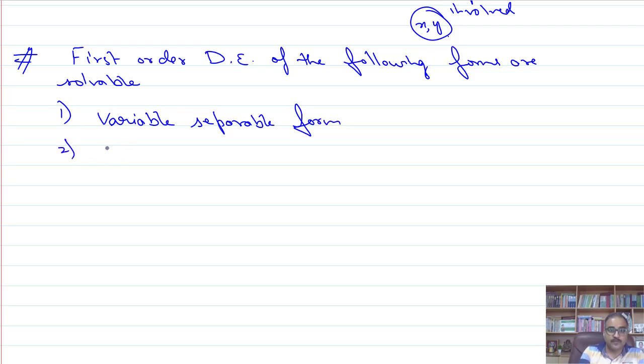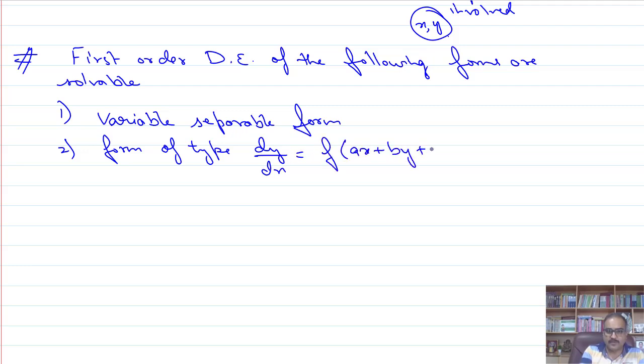Number two, form of the type dy by dx is equal to f of ax plus by plus c. Number 3, homogeneous. Number 4, linear differential equations.